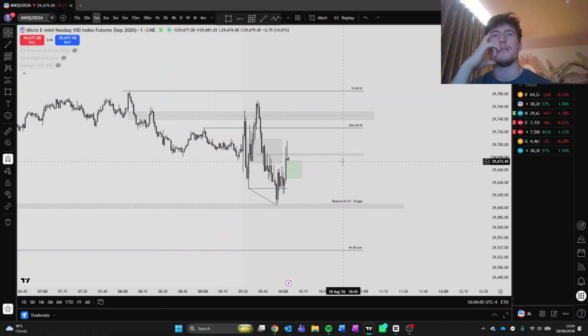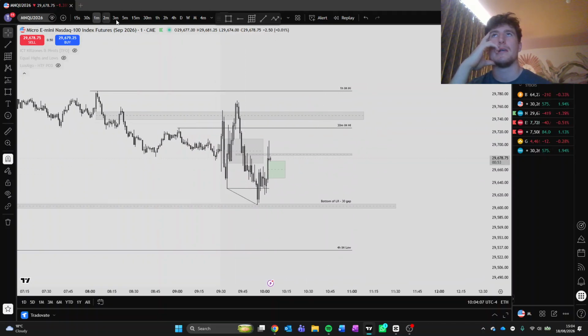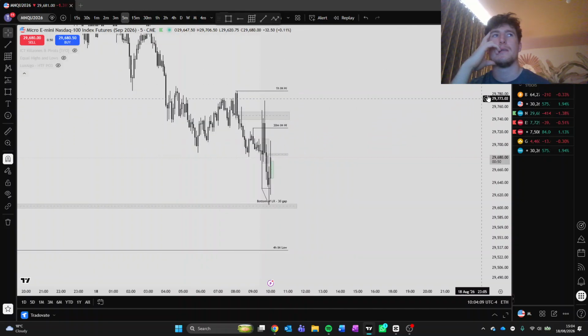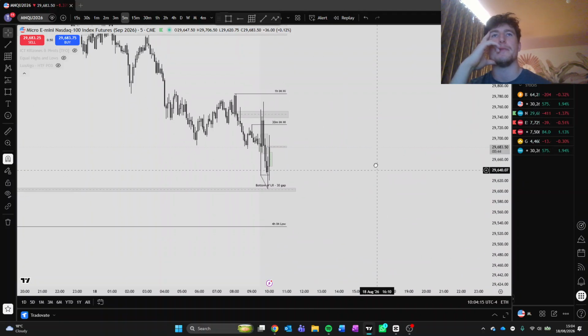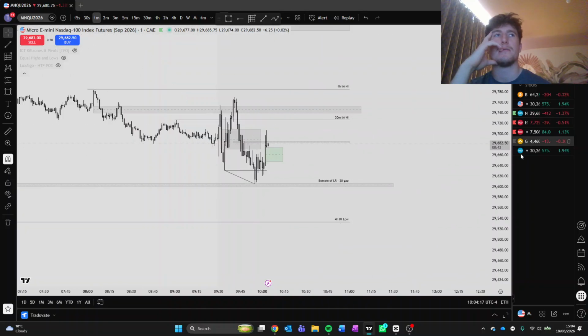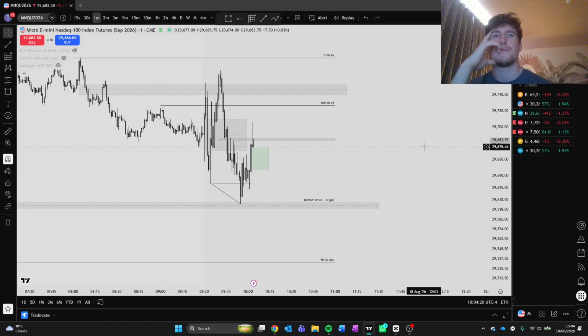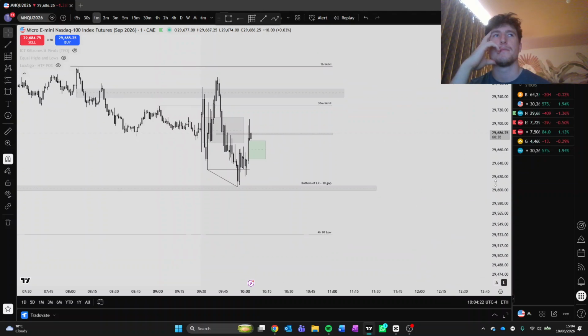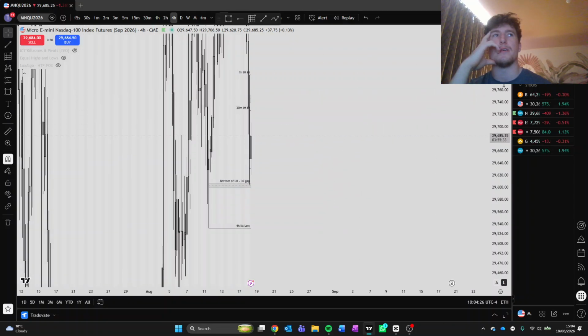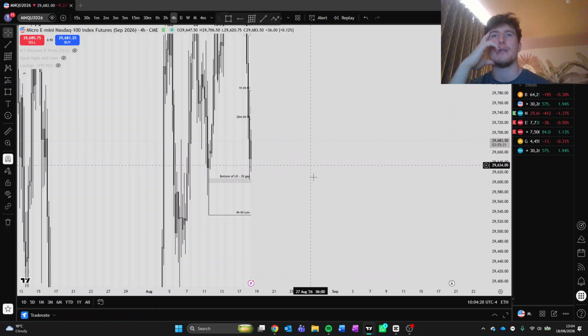I'm not expecting this to be inversed. Comes the 5 minute order block. 5 minute change in state, 50%. We've inversed the 4 hour, so we're coming to that.